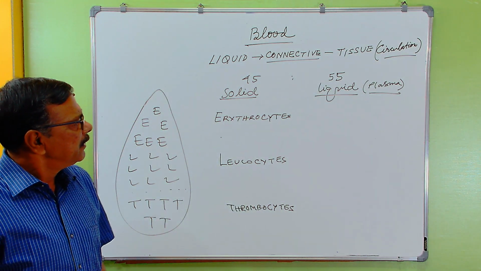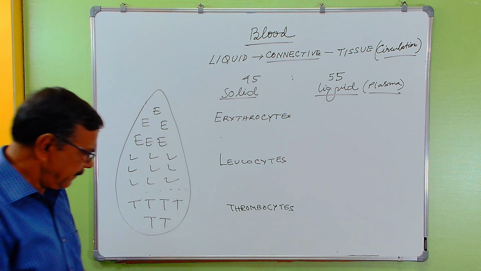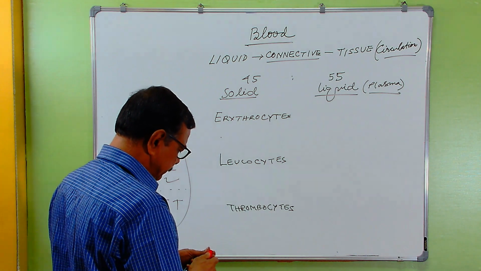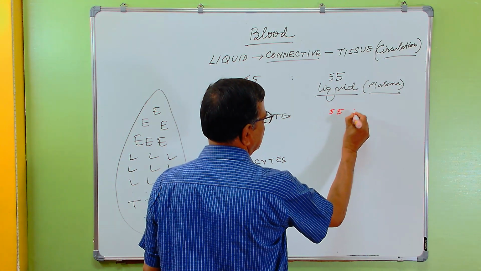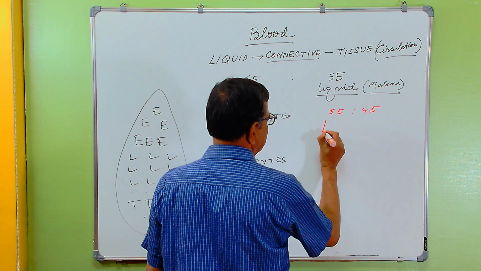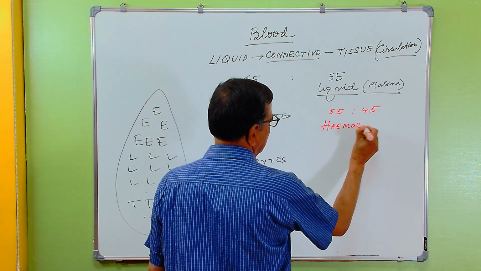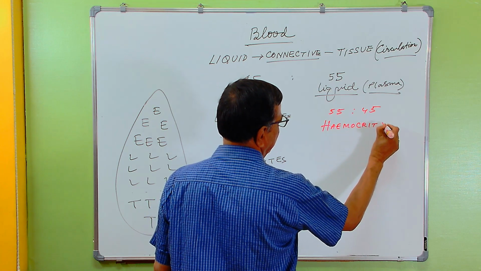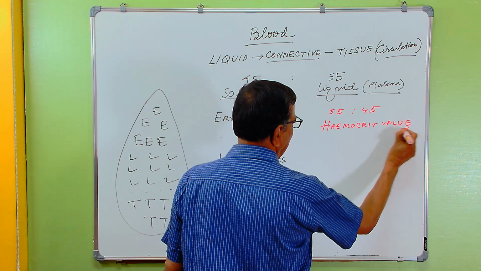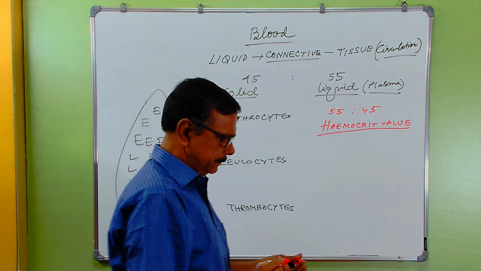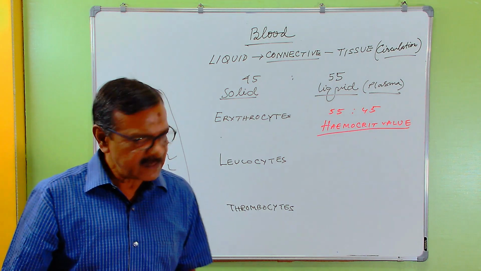Now, this 45 and 55% is called the hematocrit value. How is this ascertained?